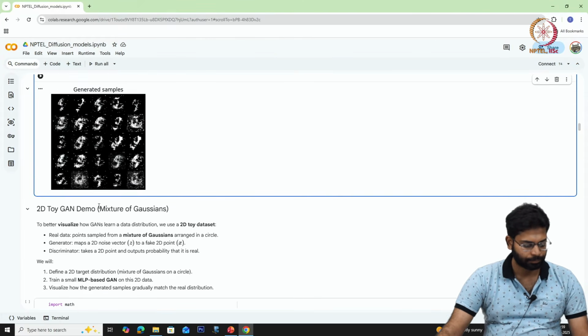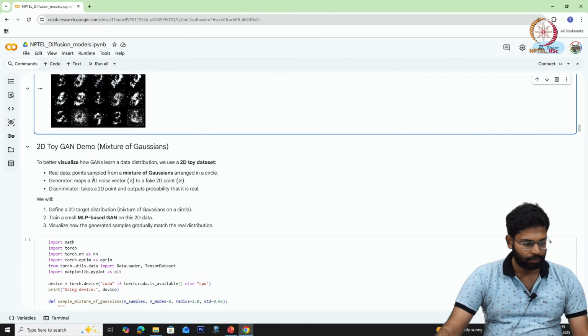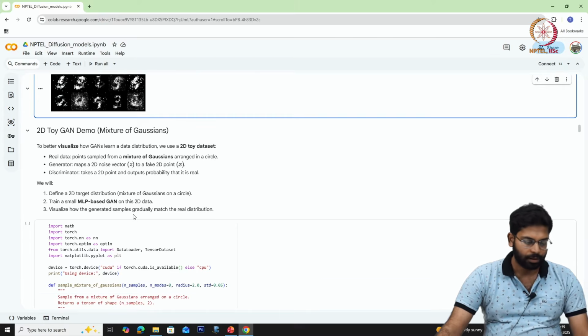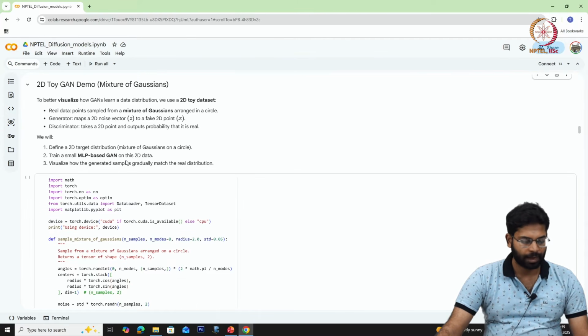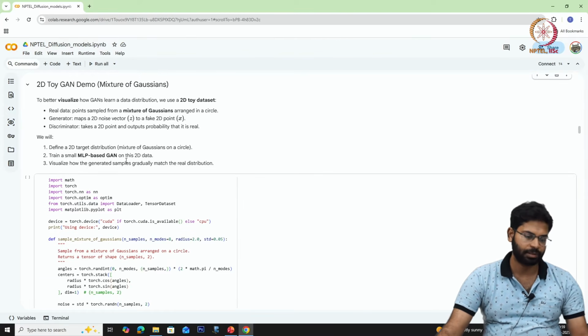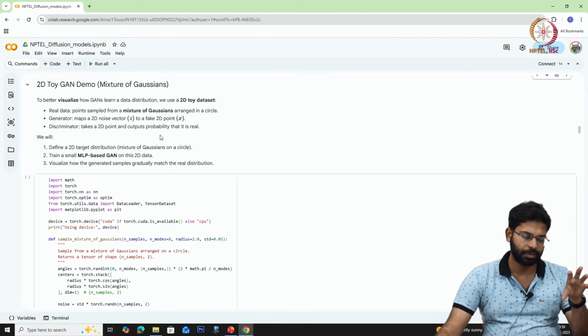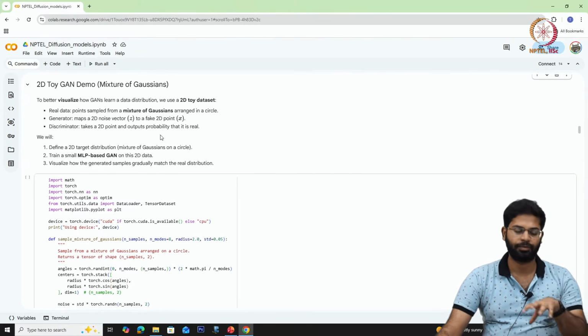Then we also do another demo of a 2D toy GAN, where we provide two distributions. The actual real distribution is a mixture of Gaussians, where the mixture components are on the periphery of a circle.